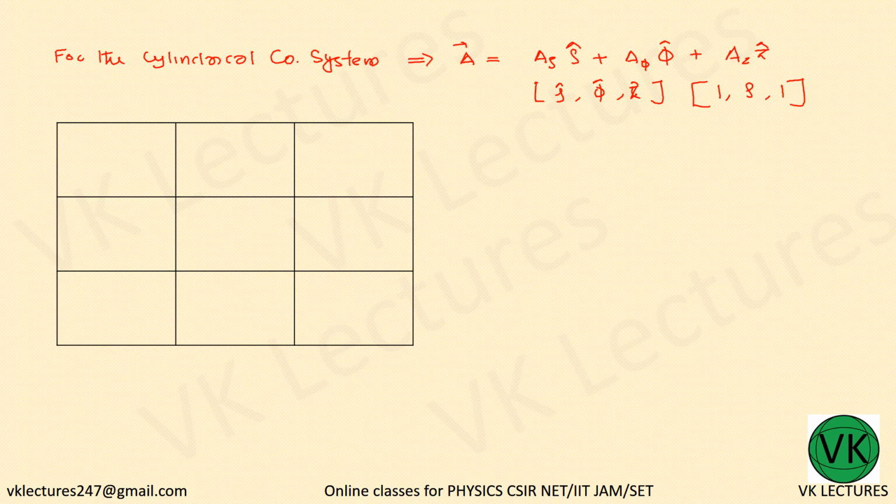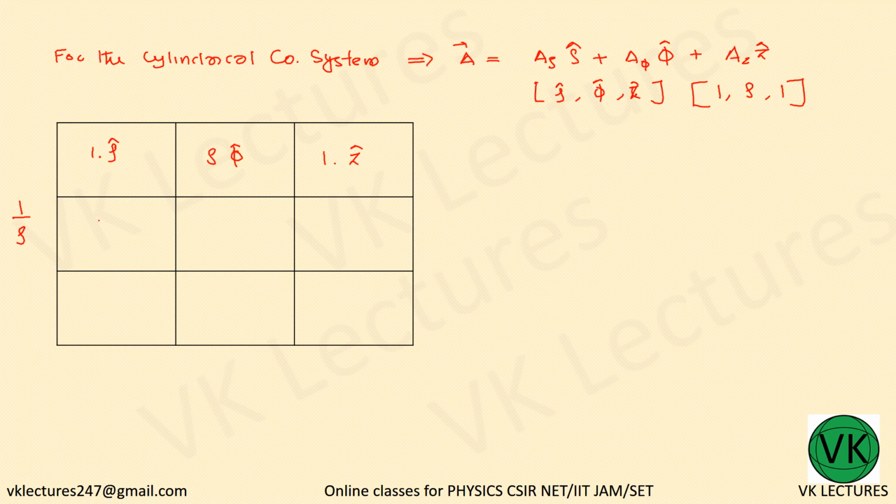Now what is the formula? 1 by rho into, this is h1 into rho cap, that is 1 into rho cap, h2 into phi cap, that is rho into phi cap, then again 1 into z cap.